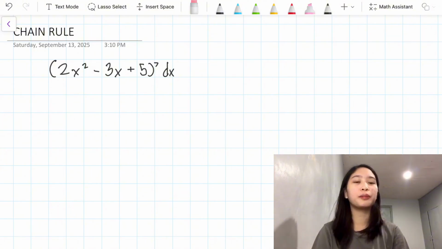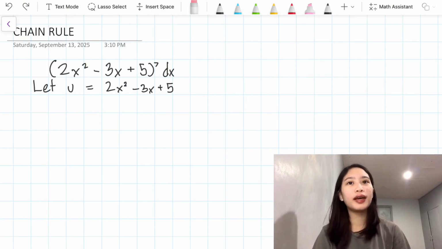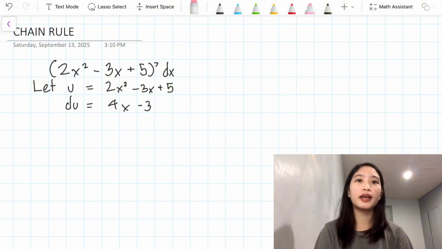Now, we're going to discuss the chain rule. Example number 1: we have 2x squared minus 3x plus 5 raised to 7 dx. Our first step is to find our u. Let u be the inner function, which is 2x squared minus 3x plus 5. The second step is the derivative of u, which is 4x minus 3.